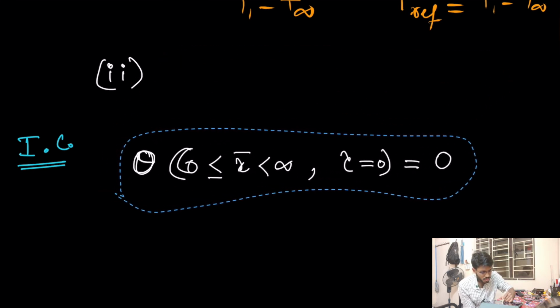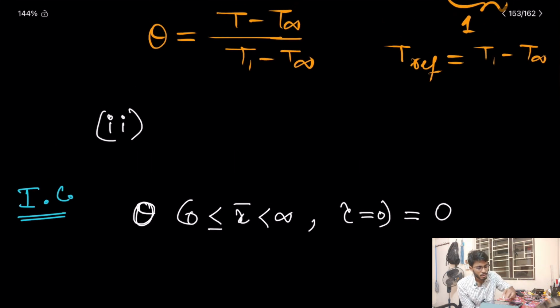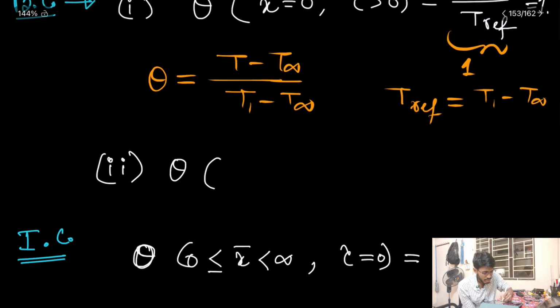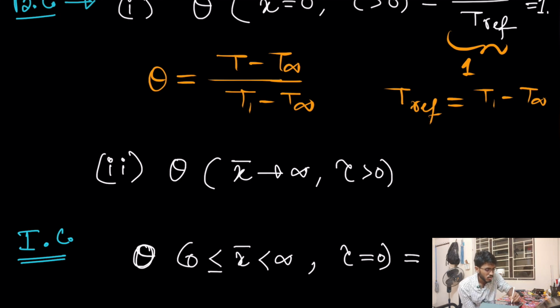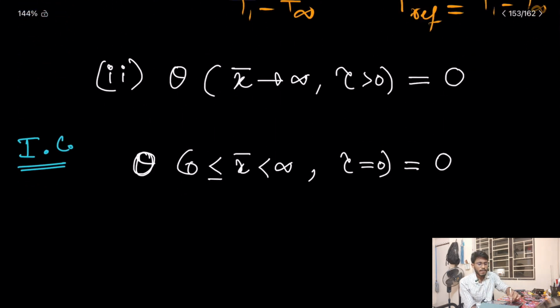And the second boundary condition would be theta at x bar tending to infinity, and for any tau greater than 0, is equal to 0. So this will also be 0. I am very sorry for that.